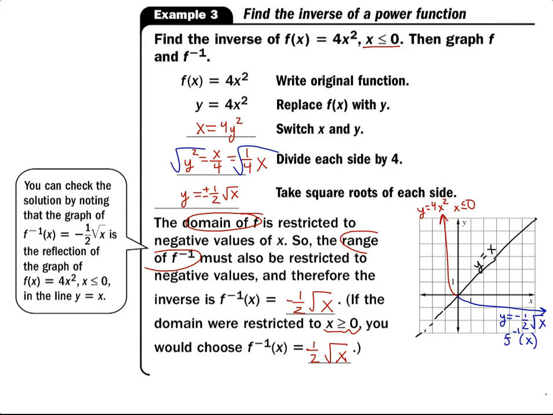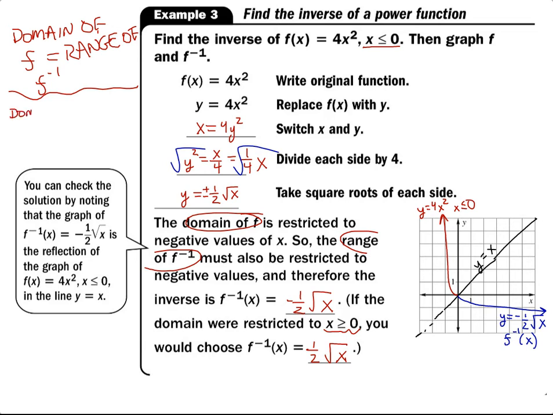And I just want to write over here on the side that the domain, this is a big deal. The domain of f is the range of f inverse. Always, always, always, always. And the converse is also true.